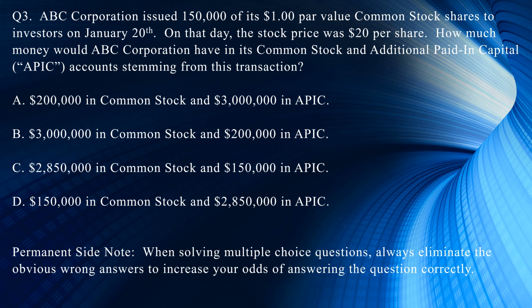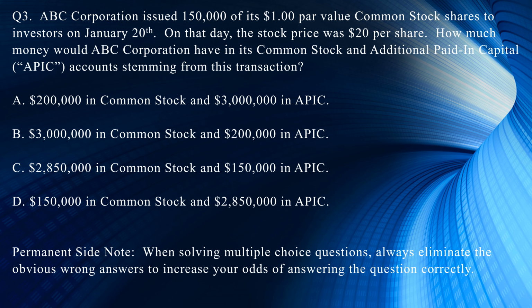So if we take $3 million and we subtract $150,000 from that amount, we come up with $2,850,000. So the answer to the question would be D, $150,000 in common stock and $2.85 million in additional paid-in capital.